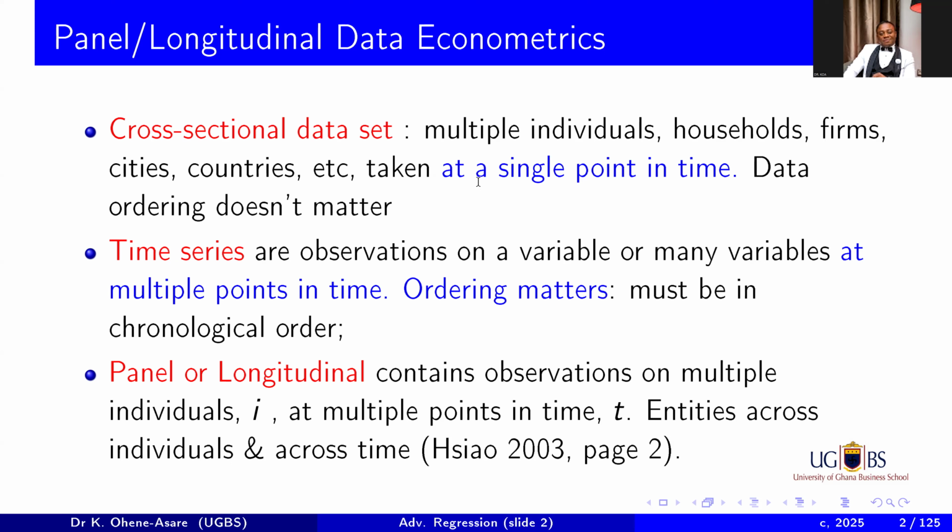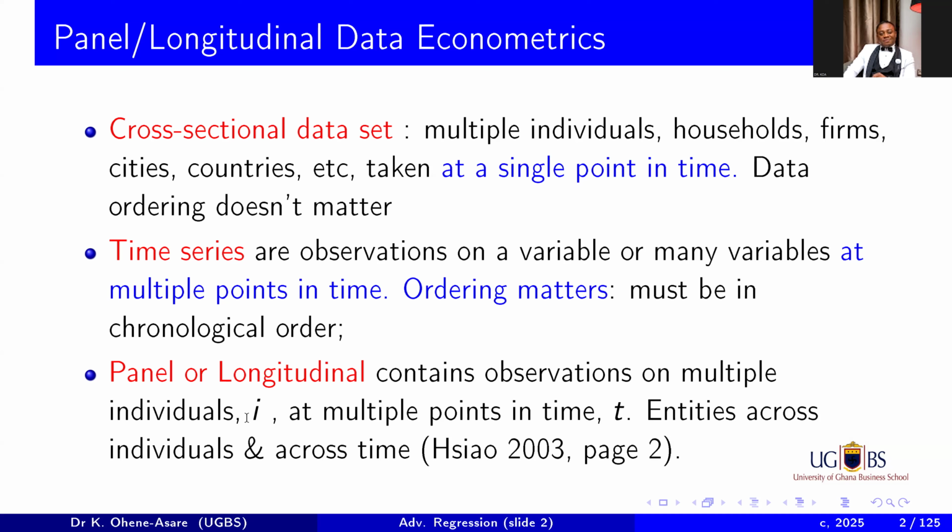So this is where you have multiple individuals over multiple time periods. If it is human beings, you have different human beings, and the variables you're looking at are each person's height, weight, BMI, at this level or that level.